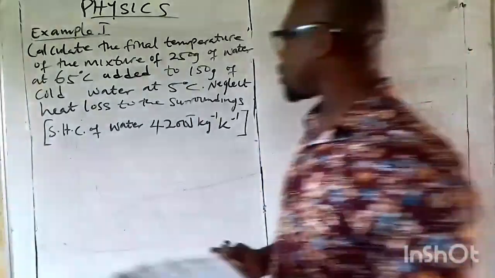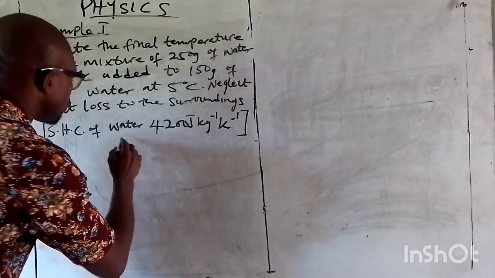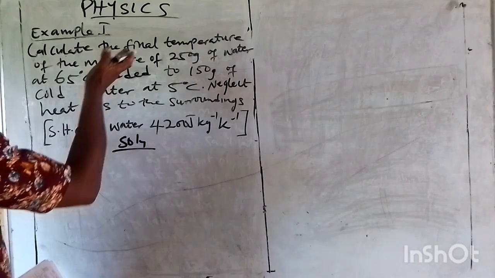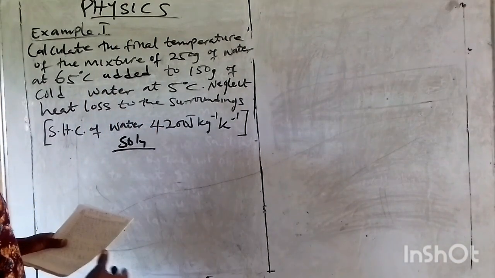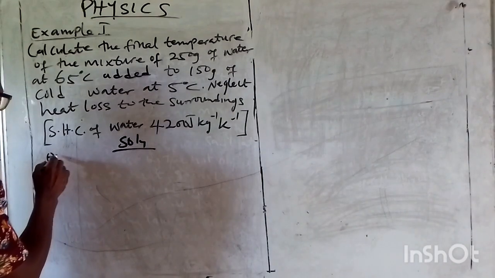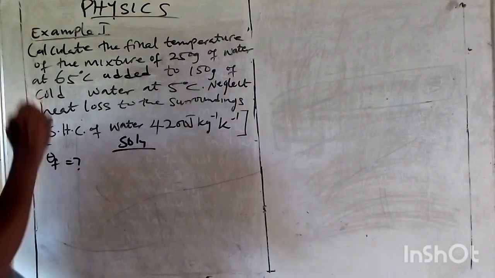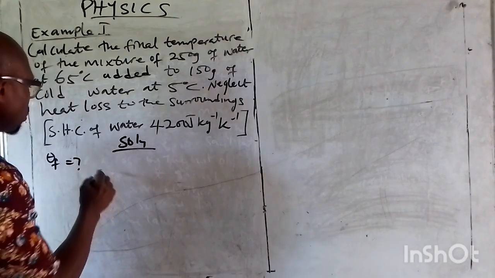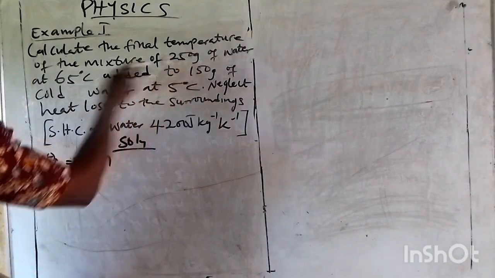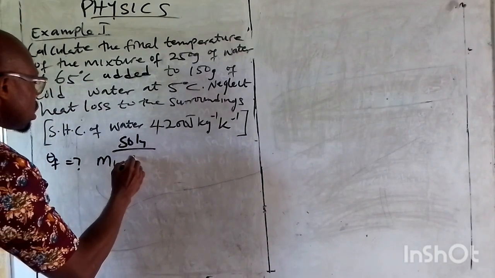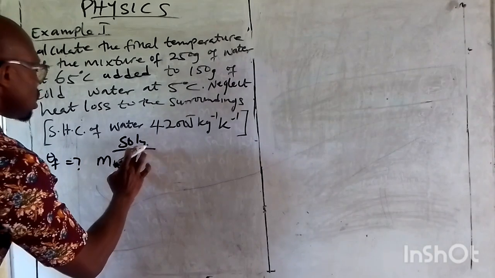Solution: the first thing we do is bring out the parameters that are given. We are looking for theta F, which is unknown. The 250 grams of water is the hot water.